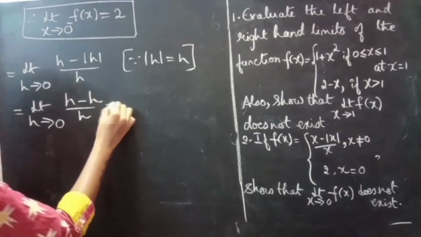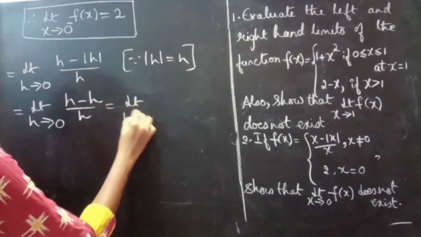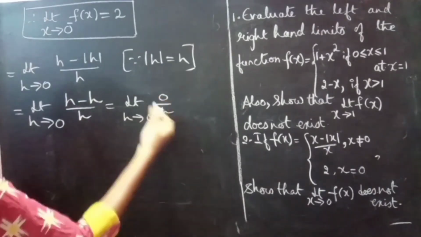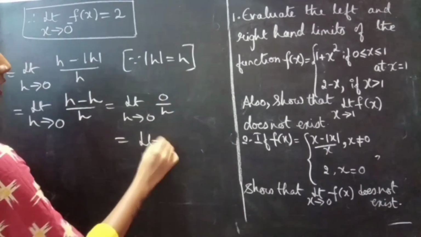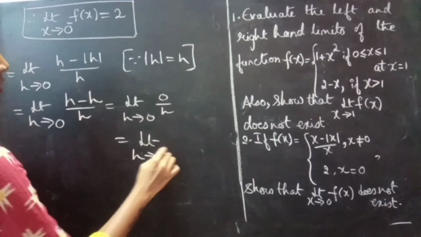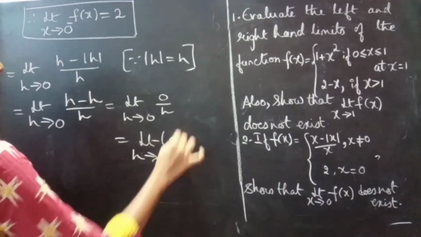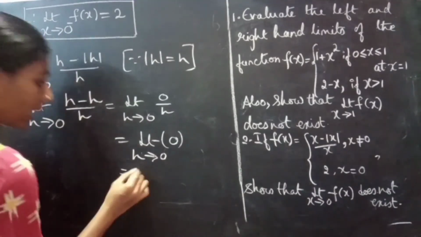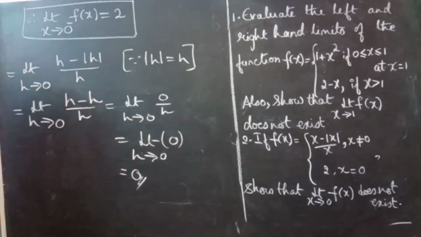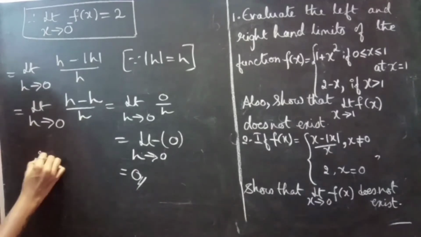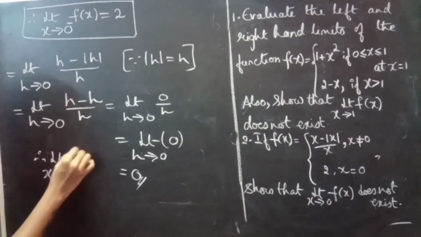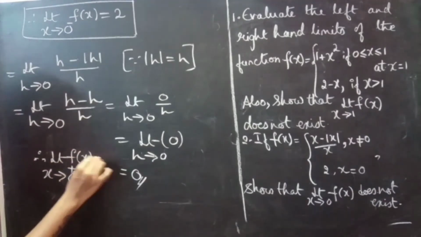Since h minus h is 0, you'll get limit h tends to 0, 0 by h. 0 by anything is again 0. So this equals limit h tends to 0 of 0. Limit of any constant is that constant. Since 0 is constant here. So therefore, limit x tends to 0 plus f of x equals 0.